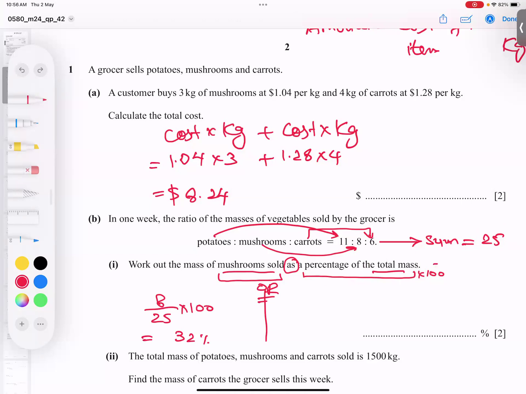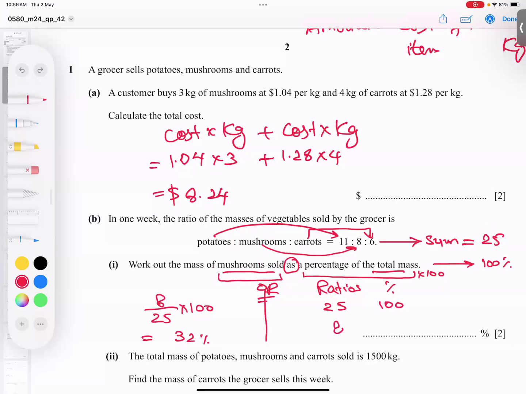For the second method, when the question says total mass, we always take it as 100%. So I will take a table with title number 1, ratios, and title number 2, percentage. The ratio 25 is equal to 100%, and I'm looking for the mushroom ratio, which is 8.